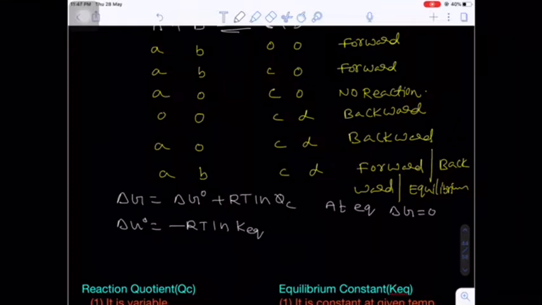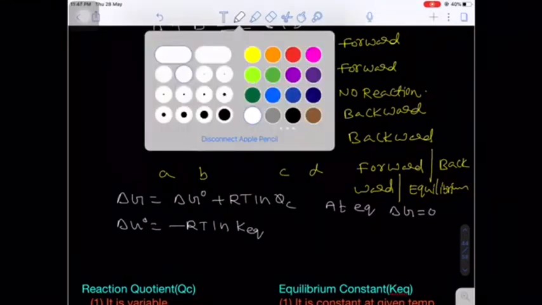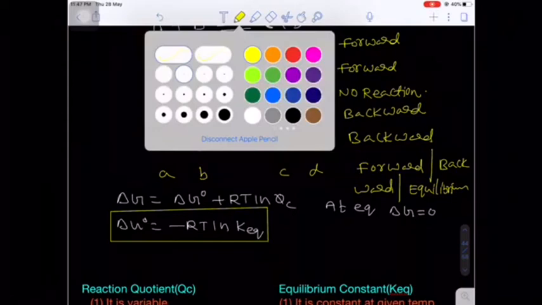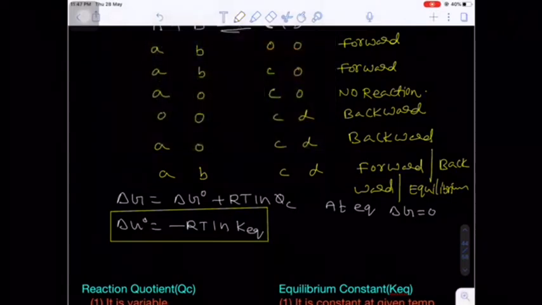Okay, now this is a very important relation between the change in Gibbs energy in the standard condition and the equilibrium constant. Now this is the ln. If you convert the ln into log, we have to multiply it with 2.303.